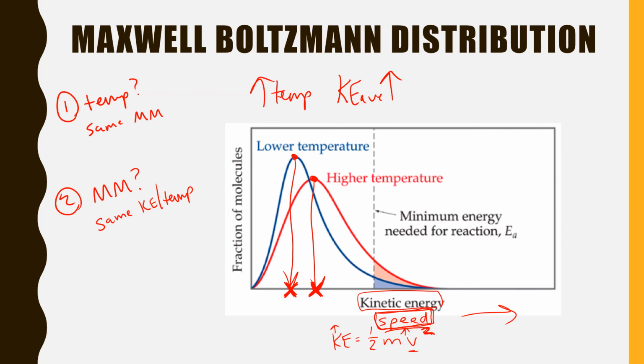So you ask yourself, do lighter things move faster or do heavier things move faster? The faster things have a lower molar mass. So they're inversely related. If I have a higher speed, which is this red line, then that means it's going to be the lightest molar mass out of the two. So it's going to be a lighter molar mass than the blue line.